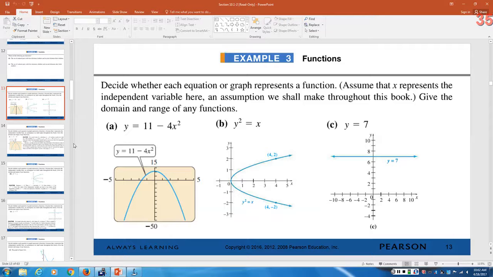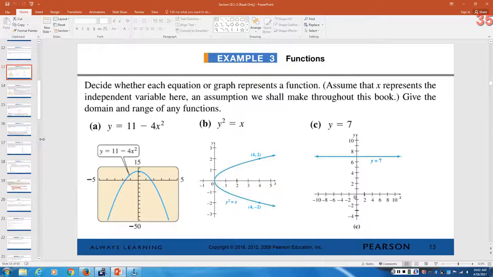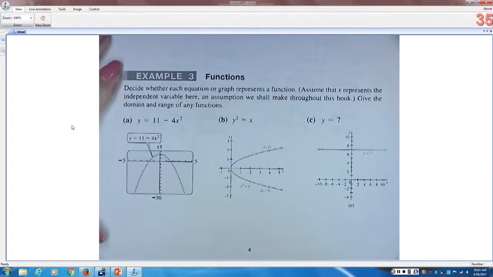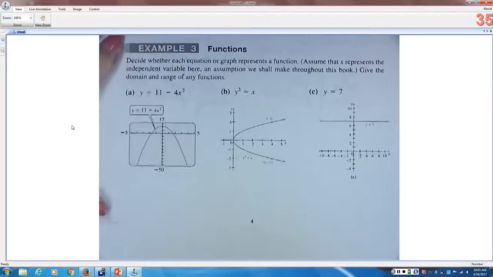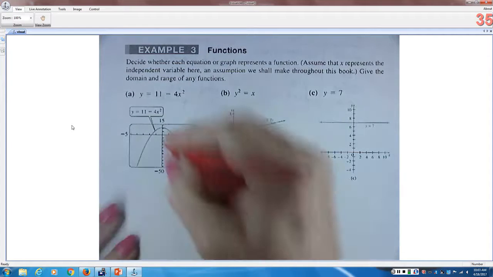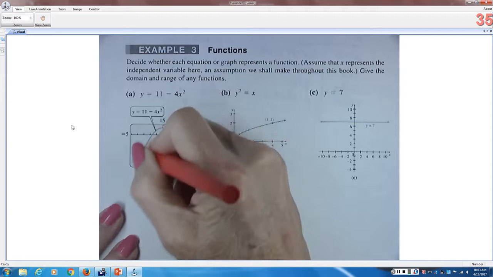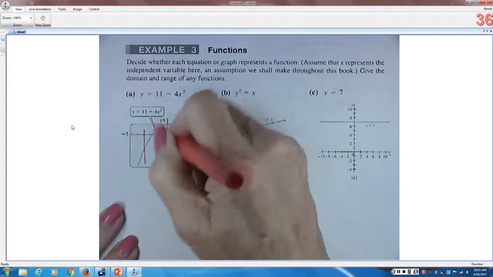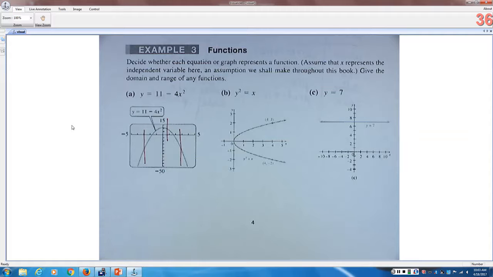Everybody has seen this before because you had algebra somewhere before you got here. But here's the thing. The answer I usually get is, well, if I draw a line on this function, it only crosses it once. So that makes it a function.